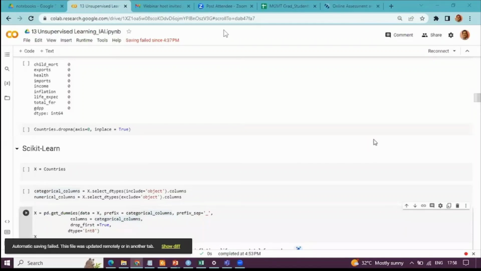We have discussed this dummy variable concept in our predictive problems when we talked about the machine learning algorithms. So here also you would create a dummy variable corresponding to each of the categorical variables.